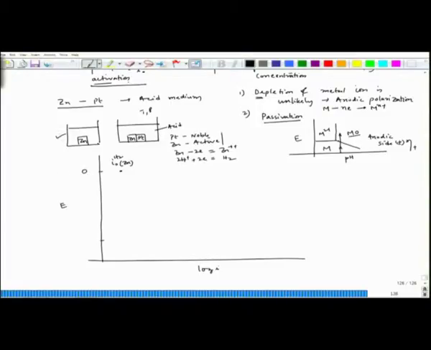This E is equal to minus 0.76 volt, and this is for zinc, zinc ion, and this is for hydrogen H2, and it is lying here for zinc. This is I0 for zinc on the zinc surface.